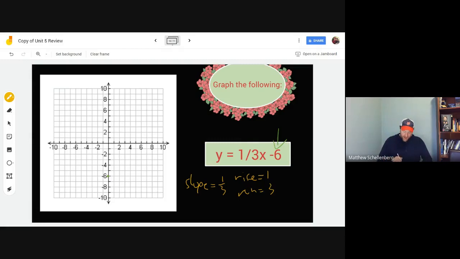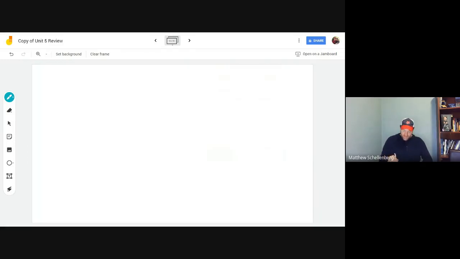So we go to that y-intercept point and do a rise of 1 and a run of 1, 2, 3 to the right, this point right here. I'm going to mark it red and then connect the dots very carefully. And that's what that line looks like. And that's it.